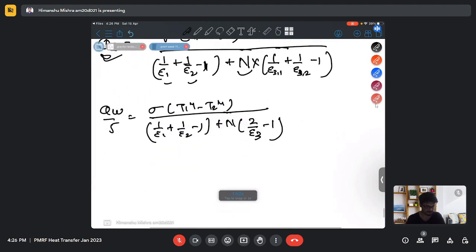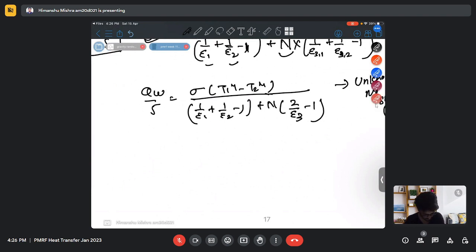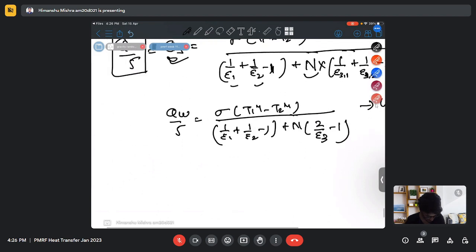So this is the expression for an unknown number of shields, which is given by n. So my QW is 3720, divided by 5. This is my Boltzmann constant, 5.67 times 10 to the minus 8.